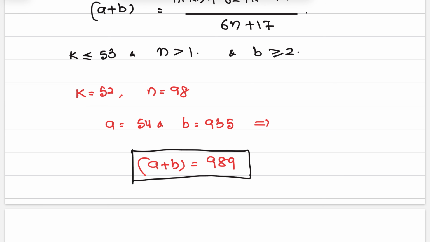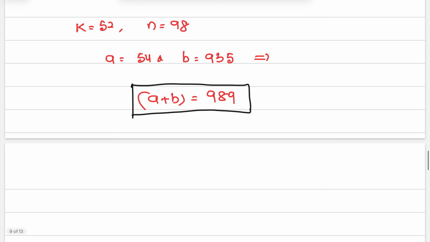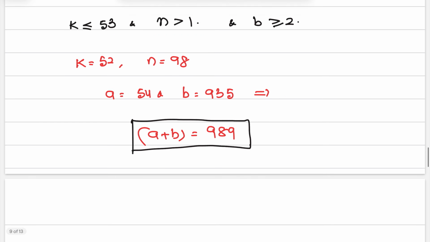This trial and error for different values of k and n, why I have avoided is that the solution will be very lengthy. K already we know 52.